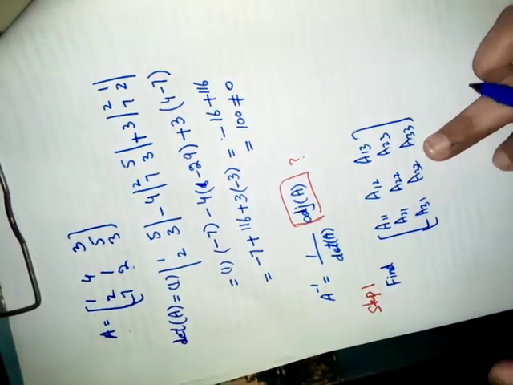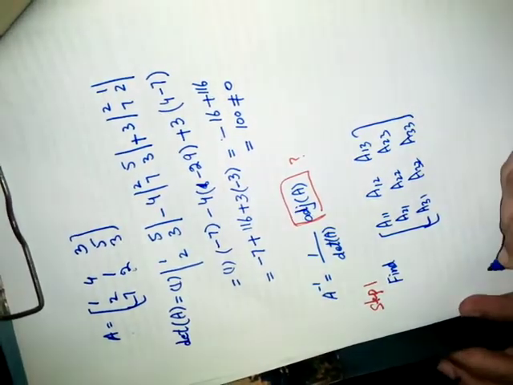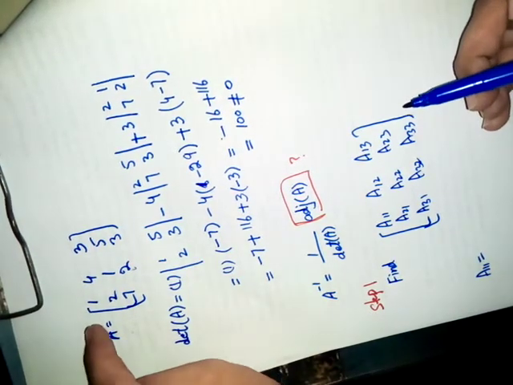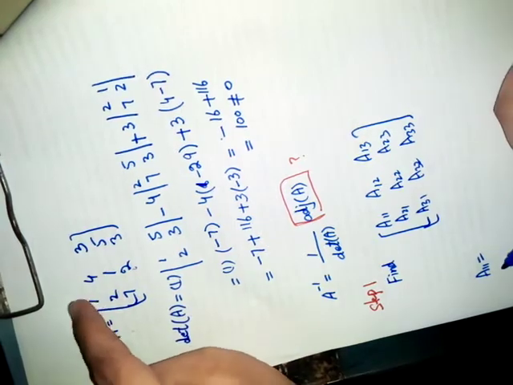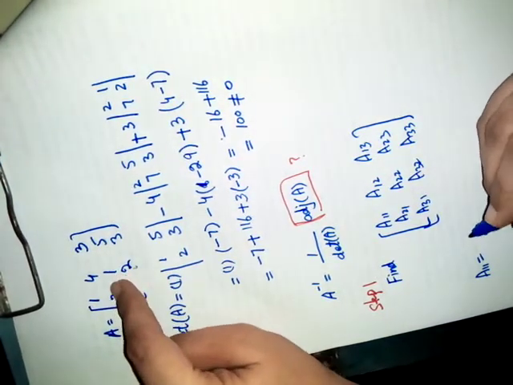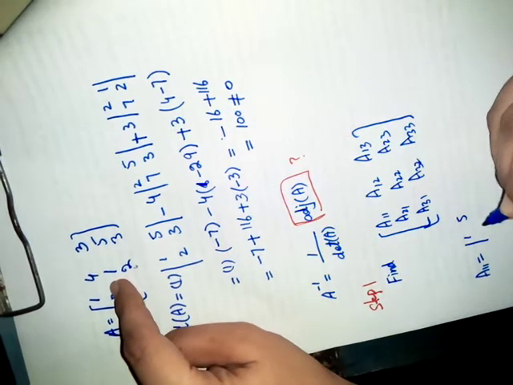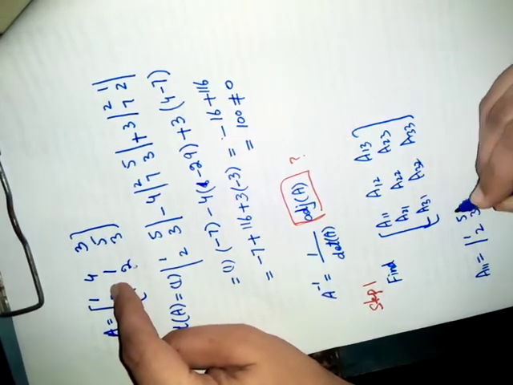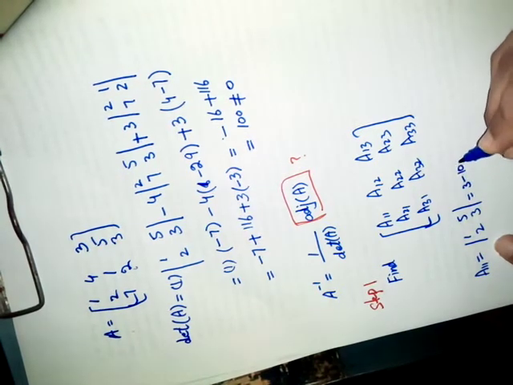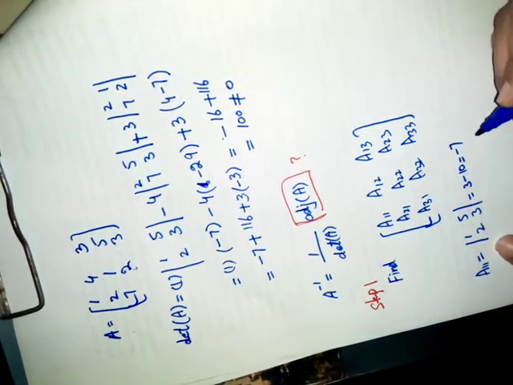How to find it? A11. A11 means leave first row and first column, find determinant of remaining matrix. It will be 1, 5, 2, 3. The answer will be 3 1 the 3 minus 5 2 the 10. The answer is minus 7.